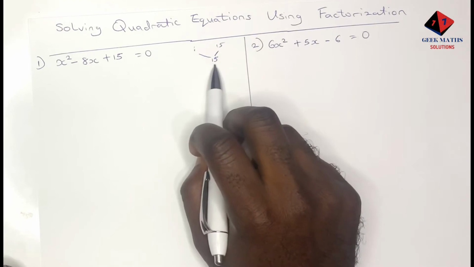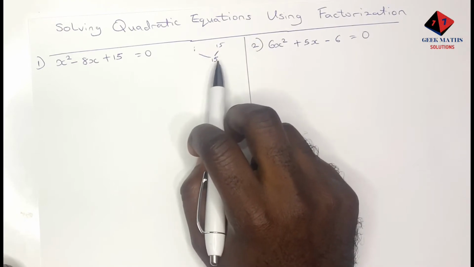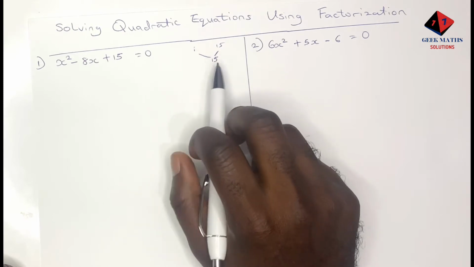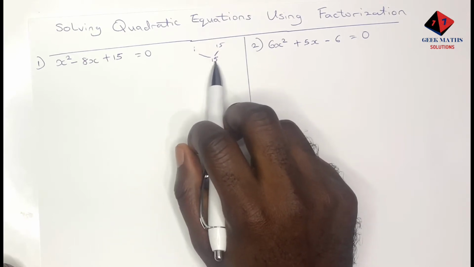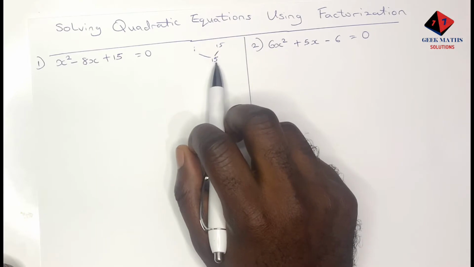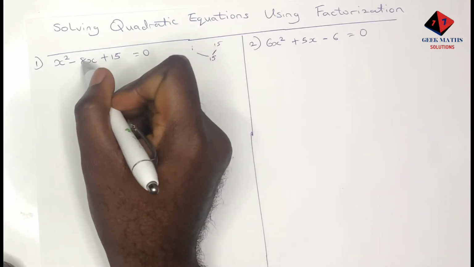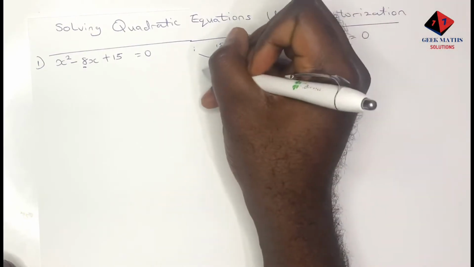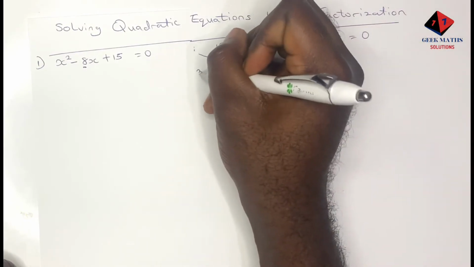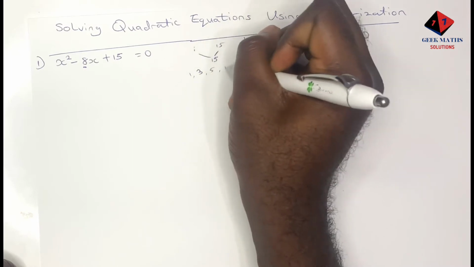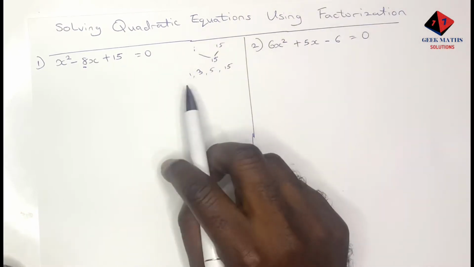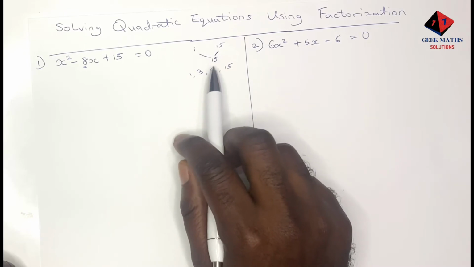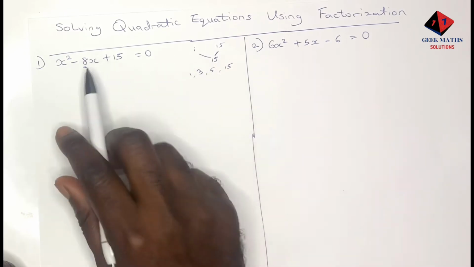Now we look for two factors of 15, that is, two numbers that when you multiply them together give you 15, and at the same time, when you add them up, give you minus 8, which is the coefficient of x. The factors of 15 we have are 1, 3, 5, and 15. Among these factors, 3 times 5 is 15, and 3 and 5 will give you 8.